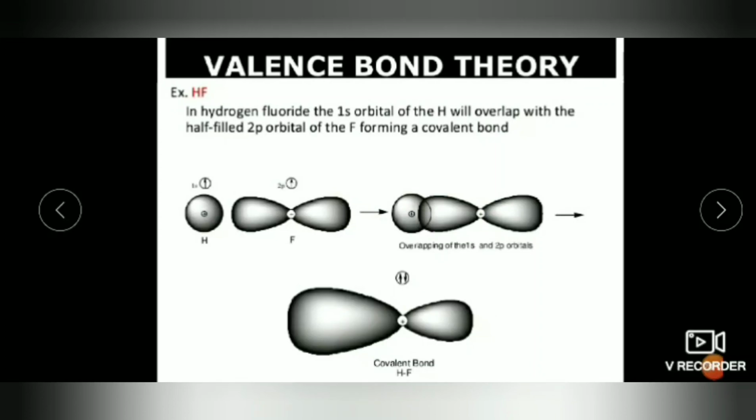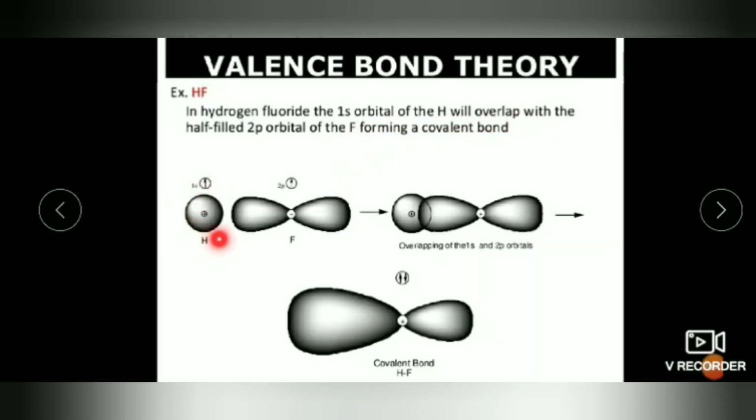By taking an example, I will explain how the valence bond theory works and how the overlapping takes place. Take HF, hydrogen fluoride. The 1s orbital of hydrogen overlaps with the half-filled 2p orbital of F, forming the covalent bond.